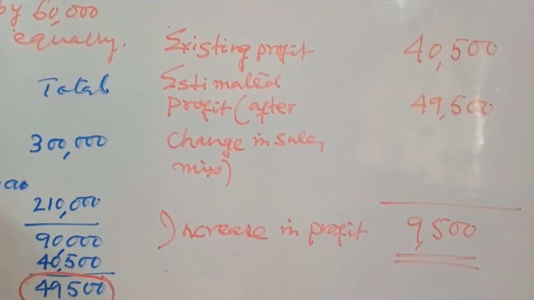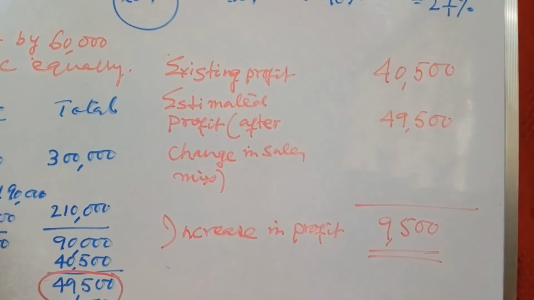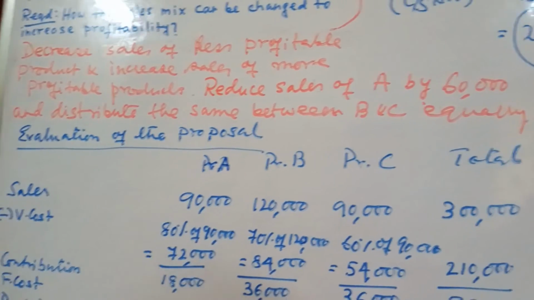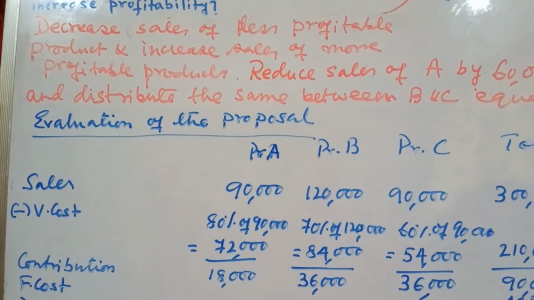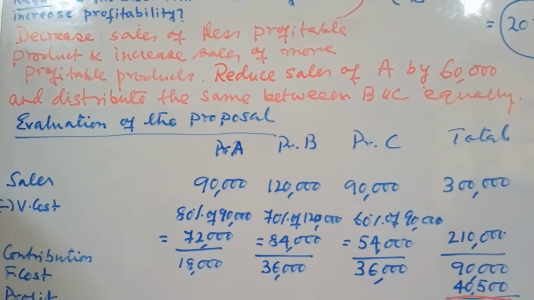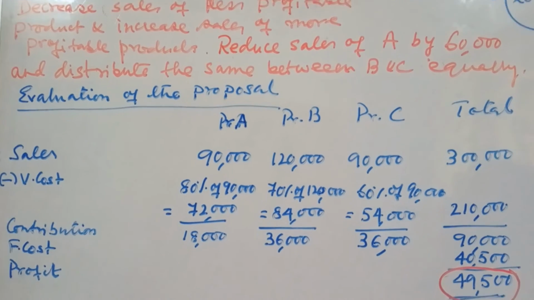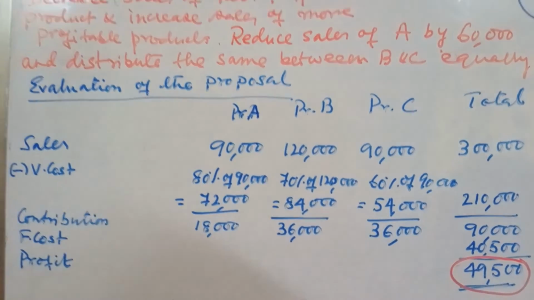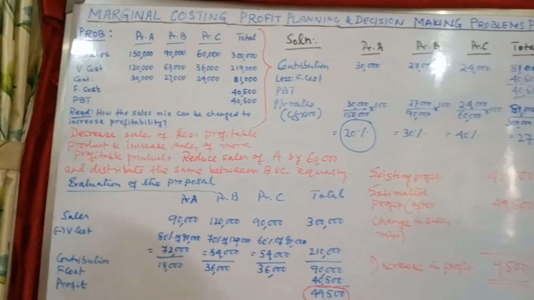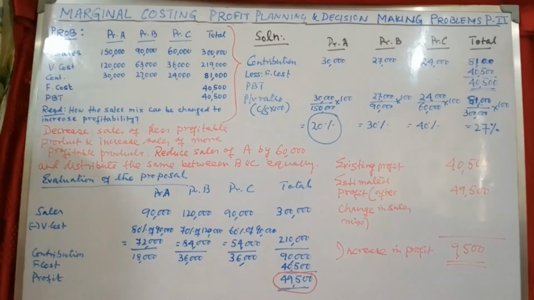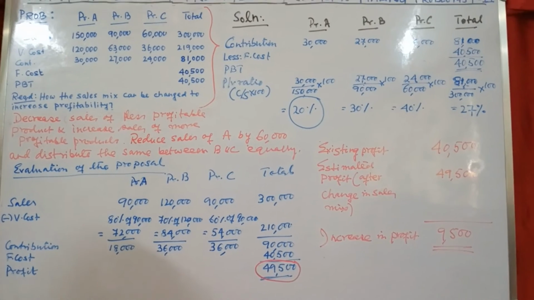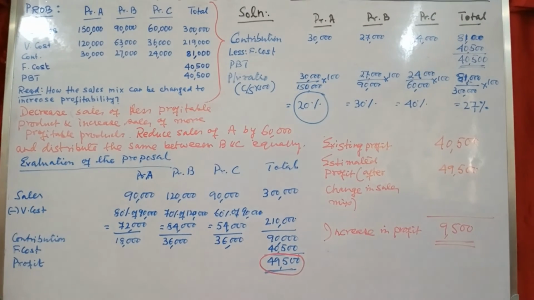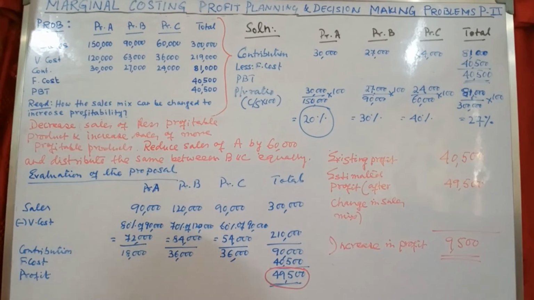So by applying the marginal costing technique, the management has got this information that if the sales mix is changed in terms of reduction of sales of product A and increase of sales of product B and C, then without any change in fixed cost, the management will only reallocate the resources.